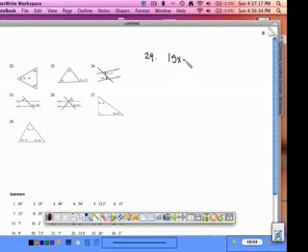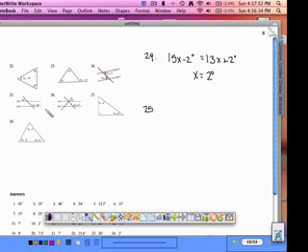Our equation would be 15x minus 2 degrees is equal to 13x plus 2 degrees. Please solve this equation and you should get an answer of x is equal to 2 degrees. Pause the video and complete 24 now.